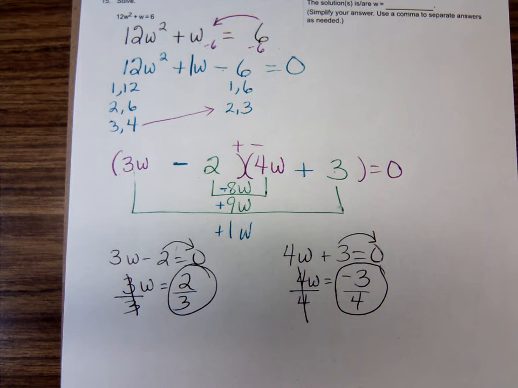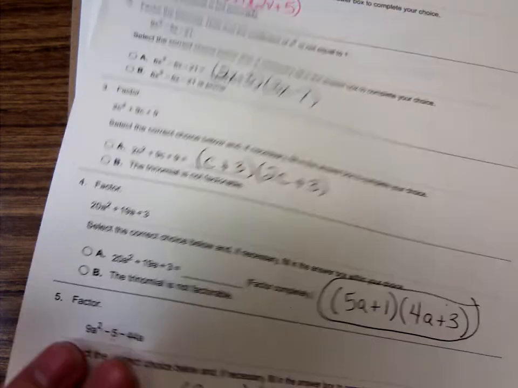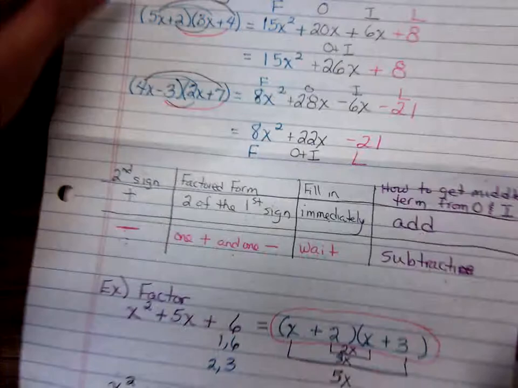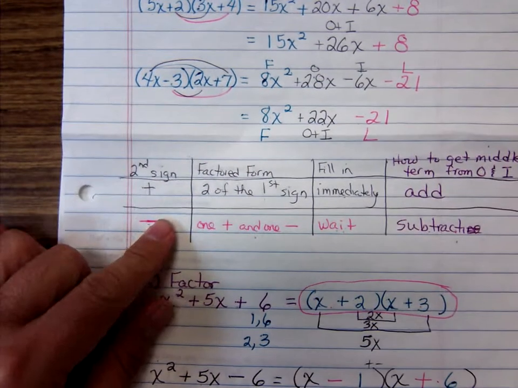That wraps up all of this discussion of factoring trinomials. We were factoring them with trial and error, and then we made some little generalizations based on the second sign.